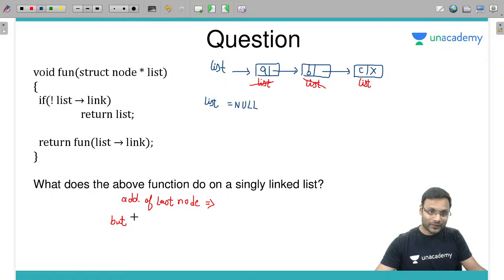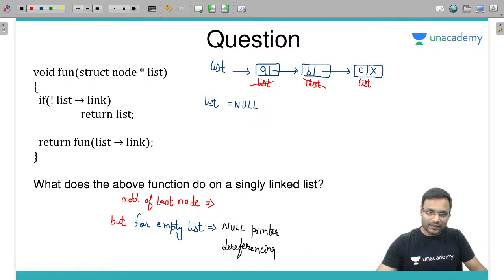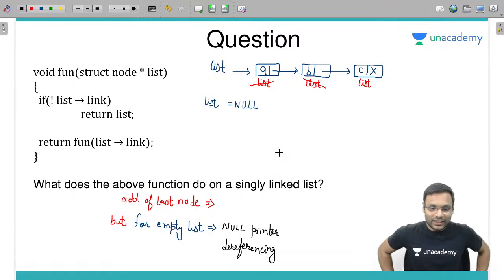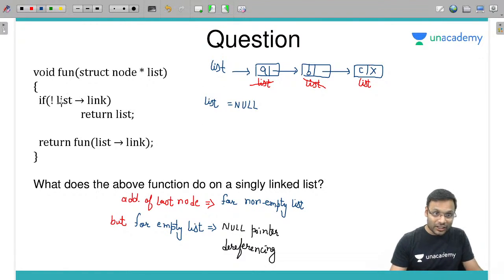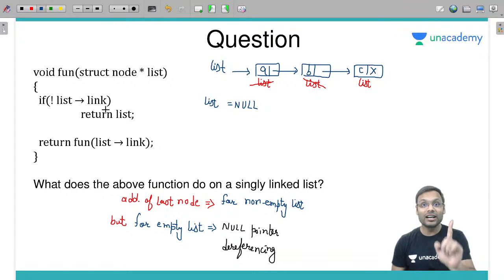But for an empty list, what can this function do? It will give you an error, null pointer dereferencing. I hope you guys are understanding this point. That is the address of the last node for a non-empty list. But if we have an empty list, a null pointer will be there in the list pointer. Hence, this particular condition, list ka link, where list is null, null arrow link, will create the null pointer dereferencing.